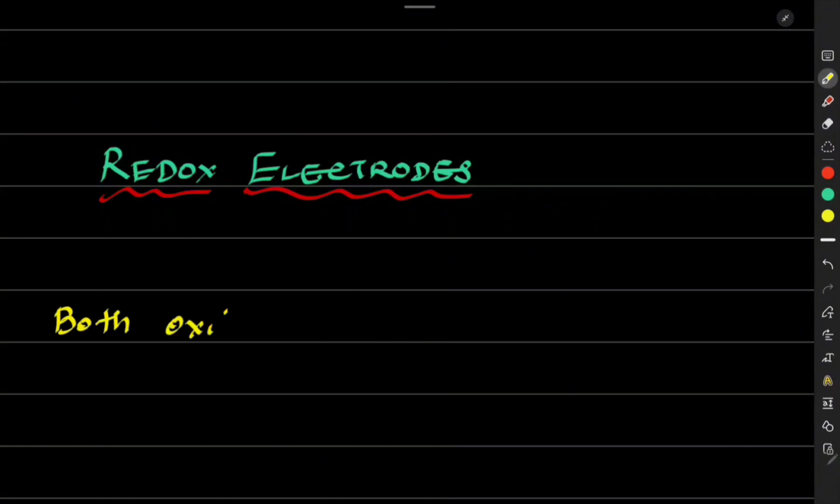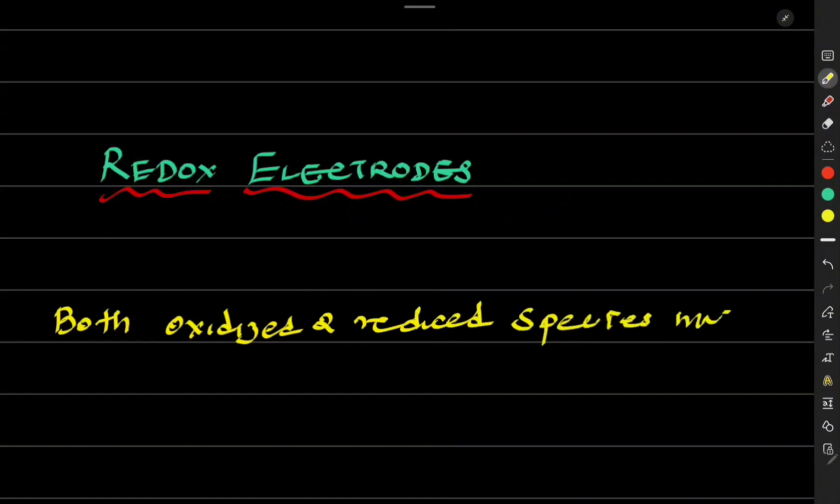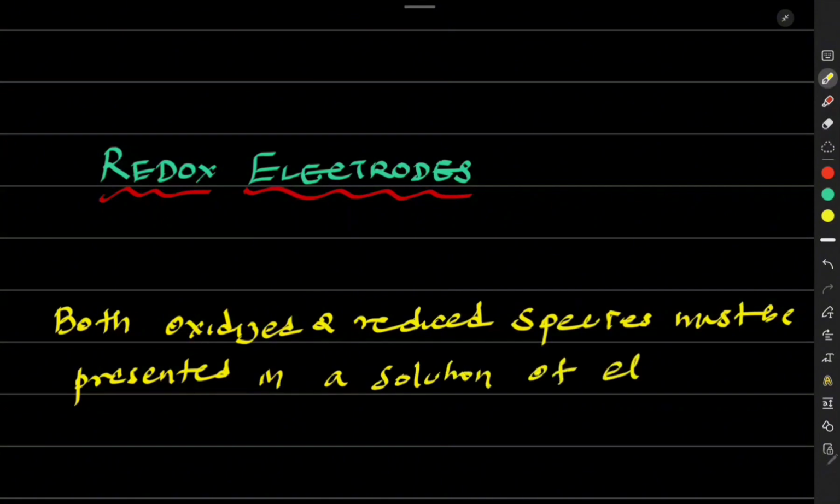Both oxidized and reduced species must be present in the solution of the electrode, which is called a redox electrode.